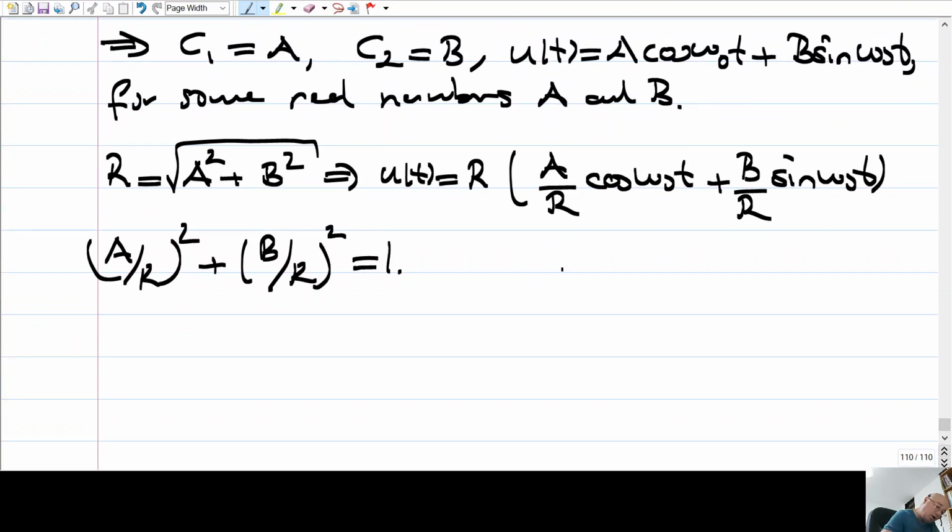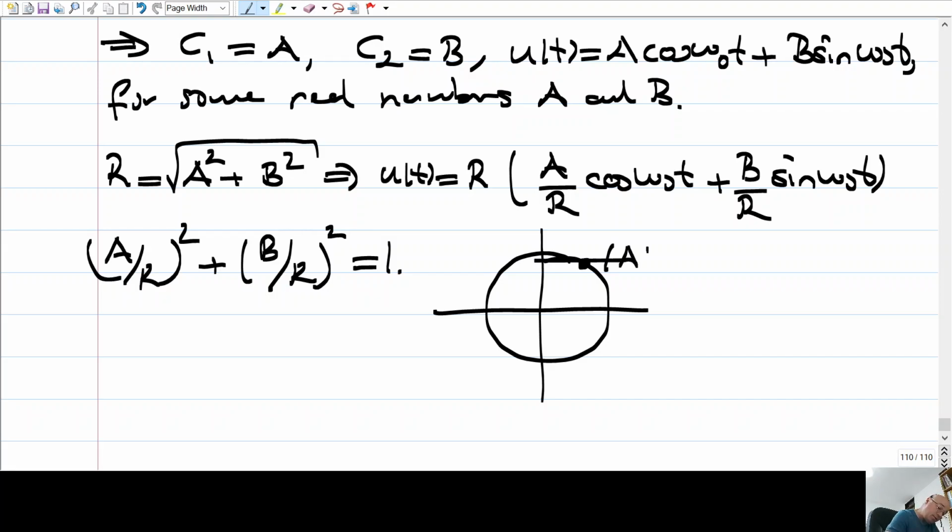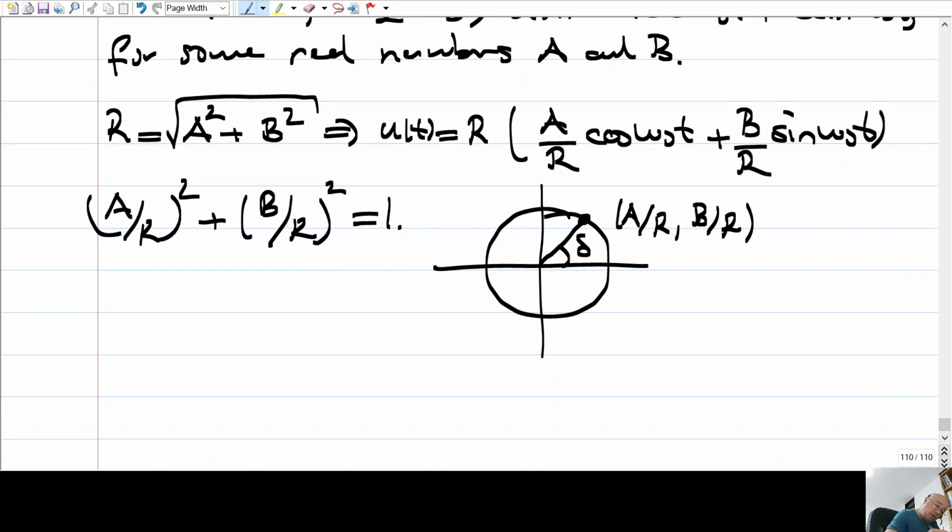So A over R and B over R is a point on the circle, right? And actually, if I draw this line segment and call this angle delta, then of course A over R is just cosine delta and B over R is just sine delta.